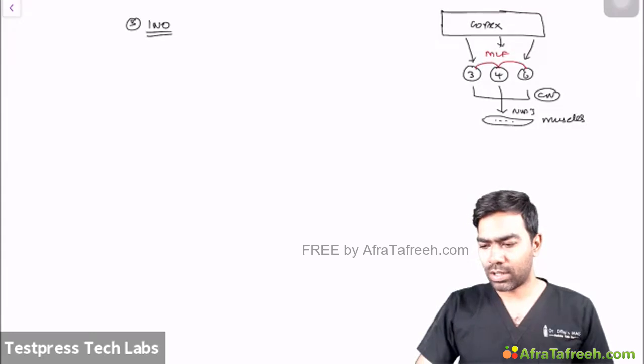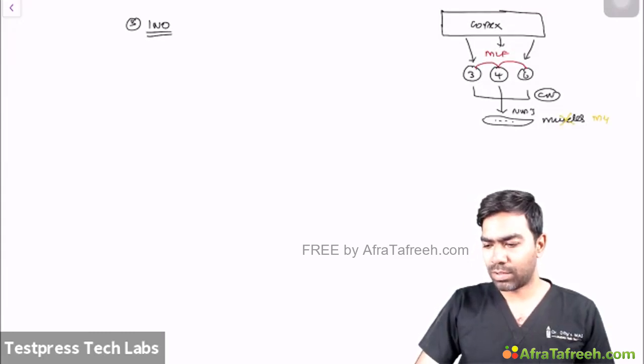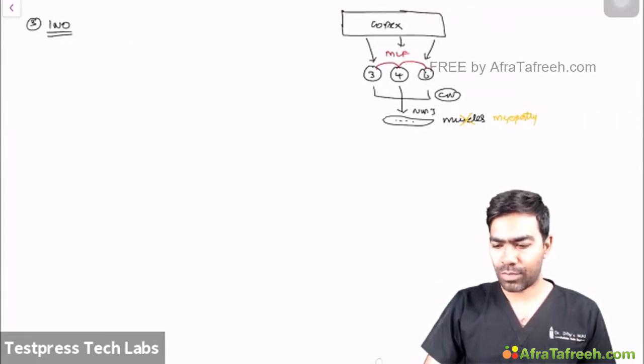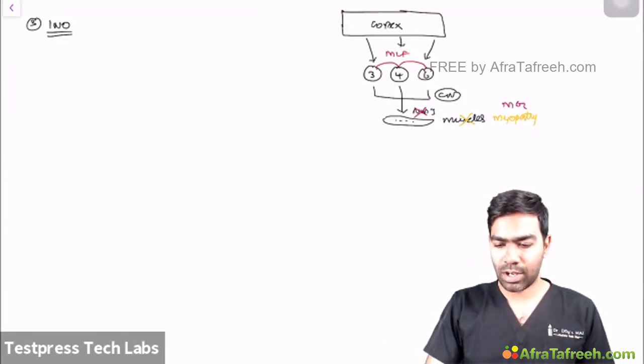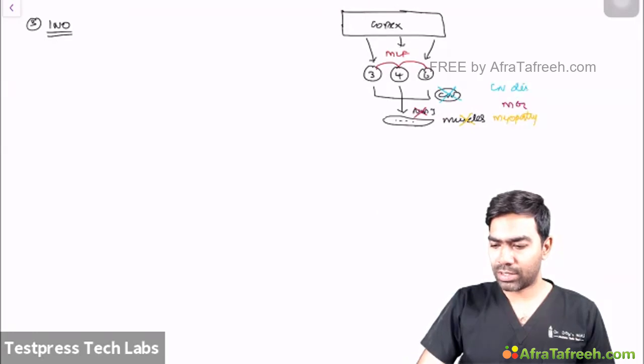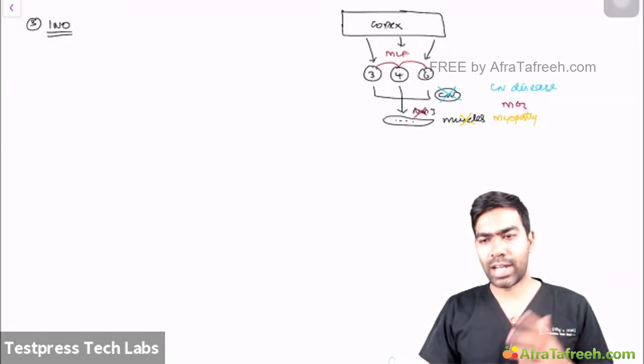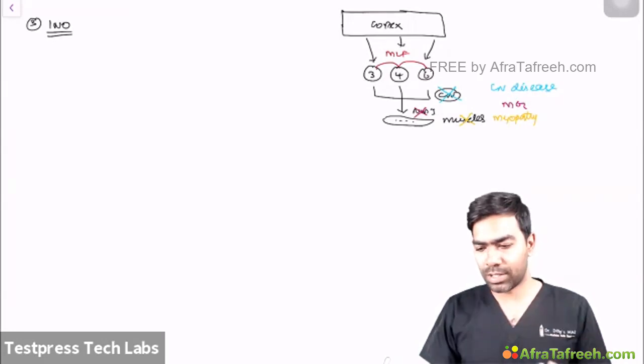If you have a muscle problem, myopathy can produce diplopia, but very rarely. Or if you have a neuromuscular junction issue, like myasthenia gravis, it can produce diplopia and ophthalmoplegia. Or you can have cranial nerve disease or damage, which can produce ophthalmoplegia.